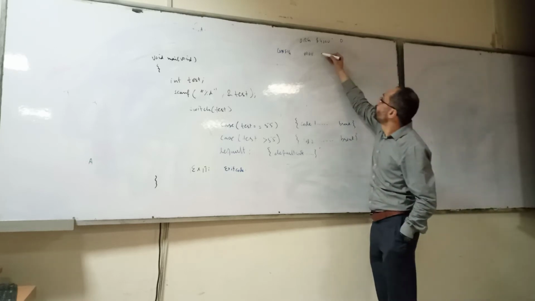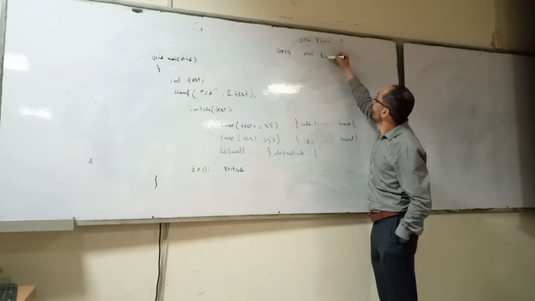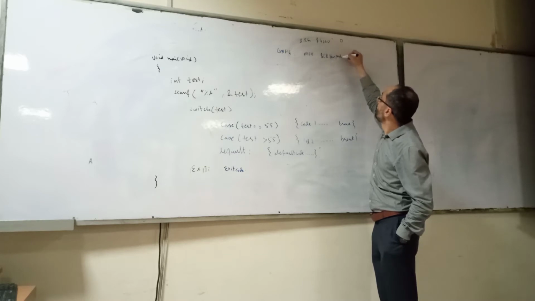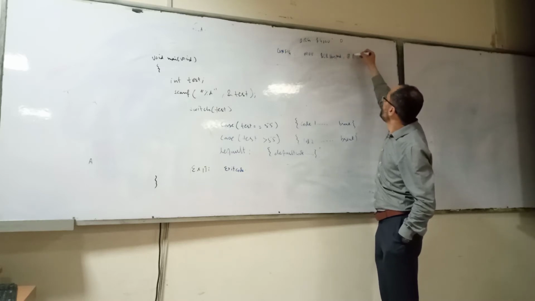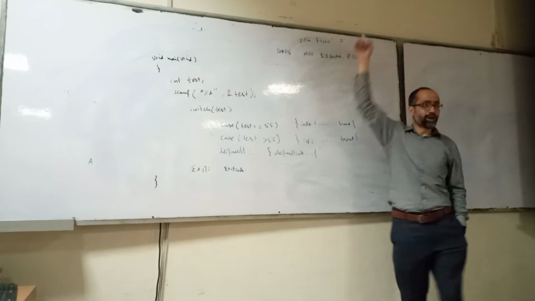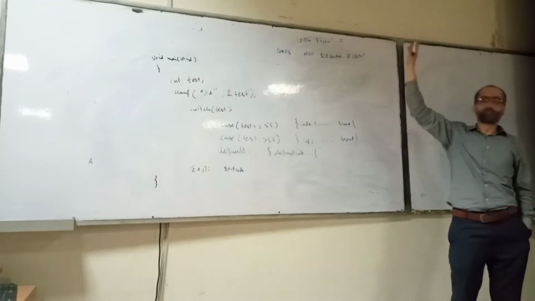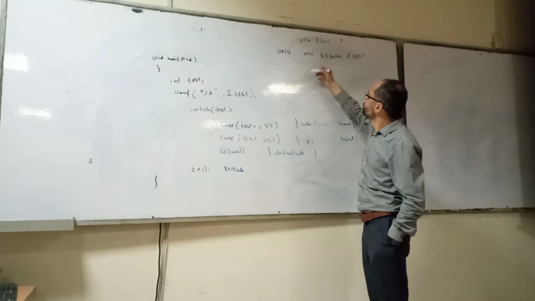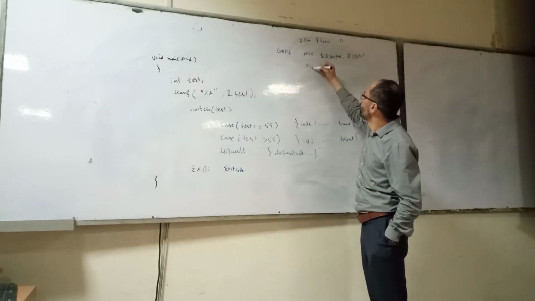A keypad. So MOVE CR keypad, hash input. First we have defined input.